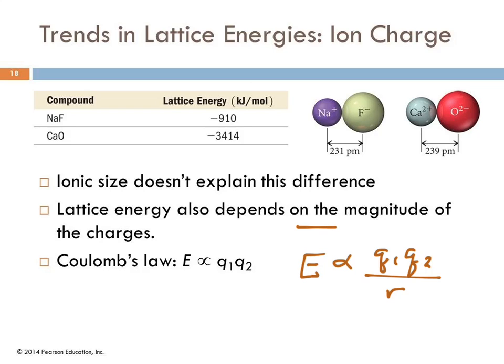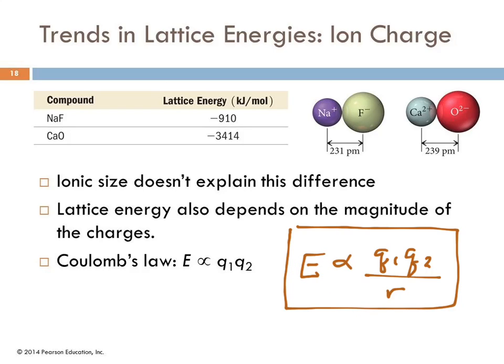This is a very simple form of Coulomb's law, just giving it as a proportionality. And if you know this, then you can think about the rest of it. If Q's are larger, the energy's larger.